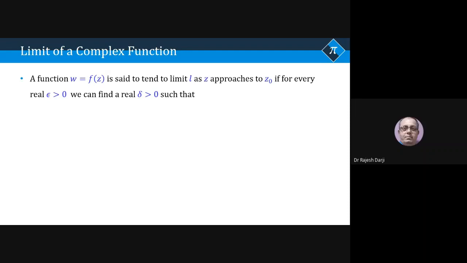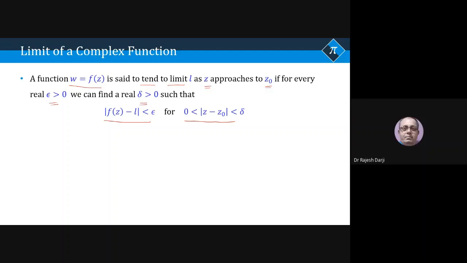A function w equal to f of z is said to tend to limit L as z approaches z0 if for every epsilon greater than 0 we can find a real number delta greater than 0 such that |f(z) minus L| less than epsilon whenever 0 less than |z minus z0| less than delta.